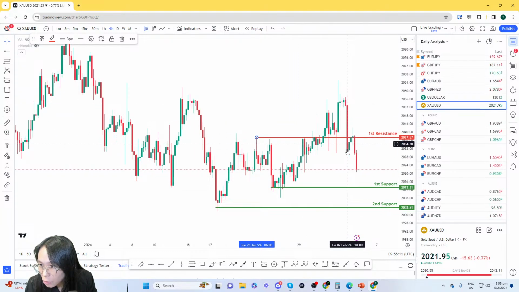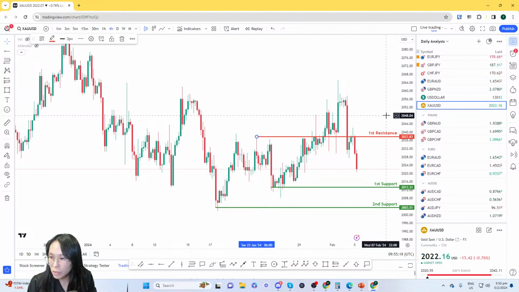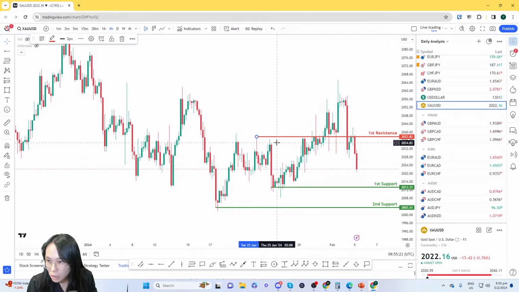It only cut through one body, which is this. So this will be my first resistance. The rest are not really significant.